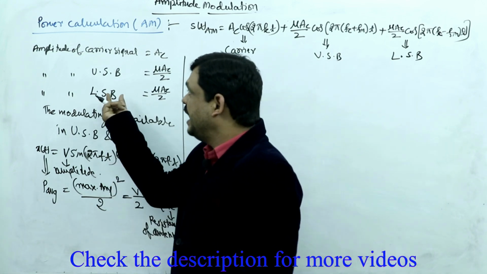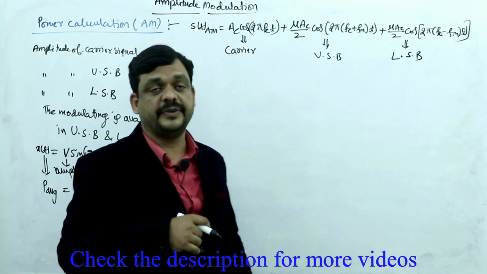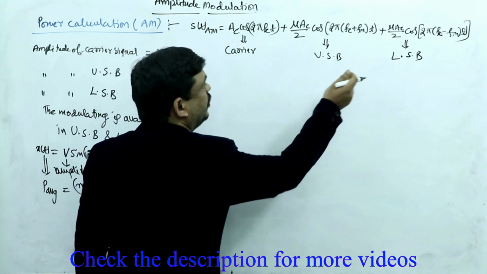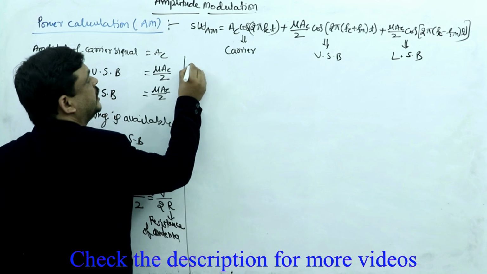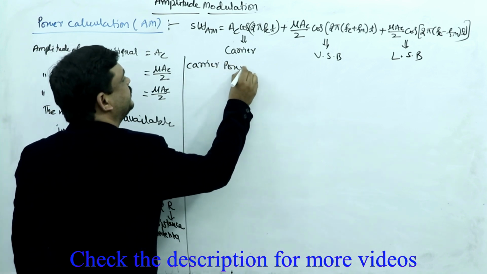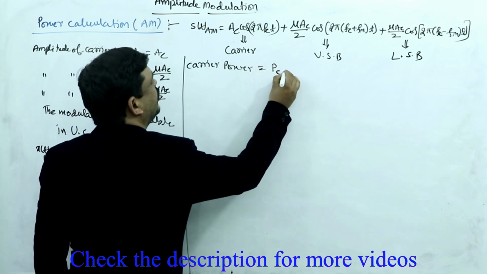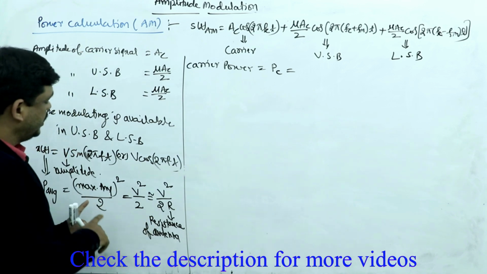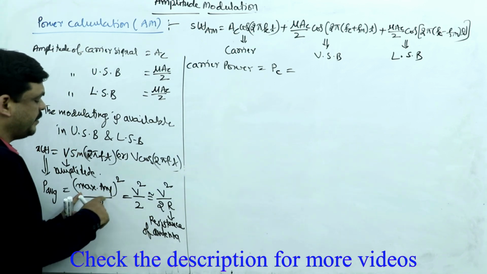Now from this, I want to find the carrier power. Internally three parameters are there: carrier, upper sideband and lower sideband. Now I want to write the carrier power equation. The carrier power, which I write as Pc. What is the standard equation? Maximum amplitude square by 2.